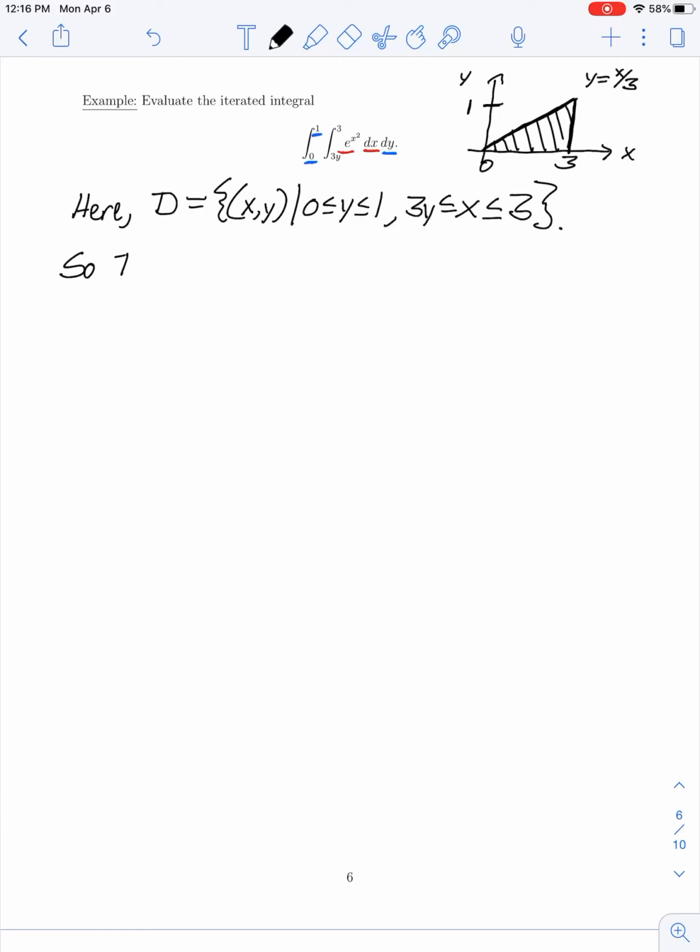Another way to express this region D would be as the set of all points x, y, such that our x values range between the constants 0 and 3, and our values for y are bounded below by the x-axis, or y equals 0, and bounded above by this line y equals x over 3. So this would be another way to express that same region.